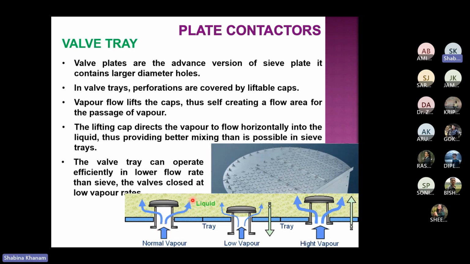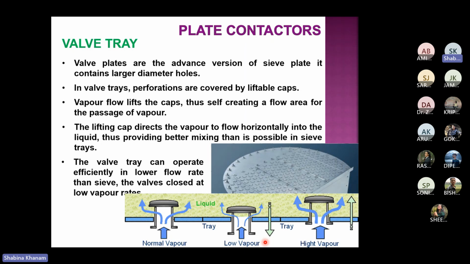However, if vapor flow is low, the vapor cannot move this cap upward. So the point is, when I'm dealing with low vapor flow rate, vapor cannot lift the cap.